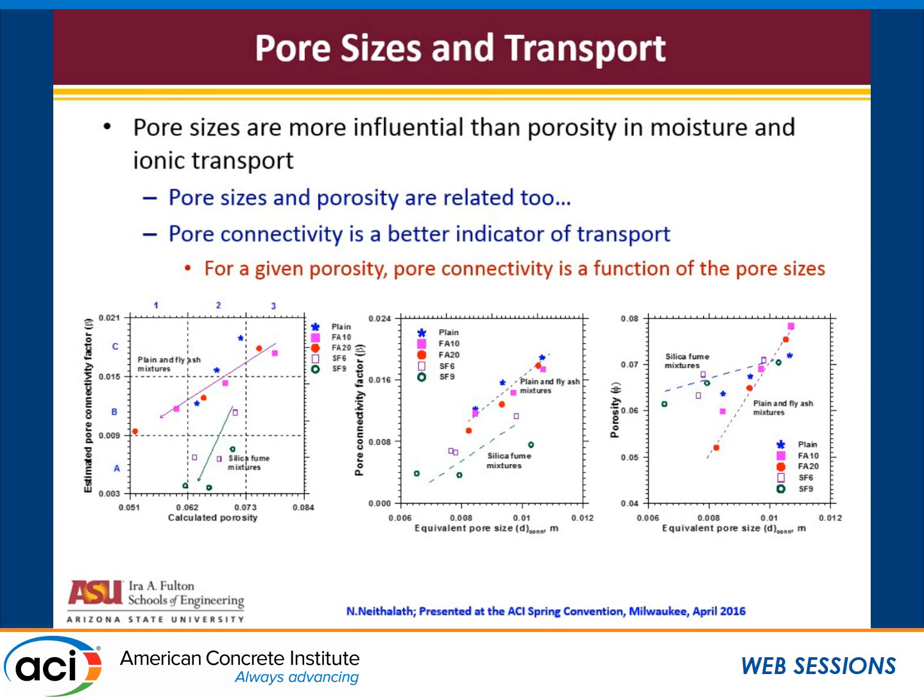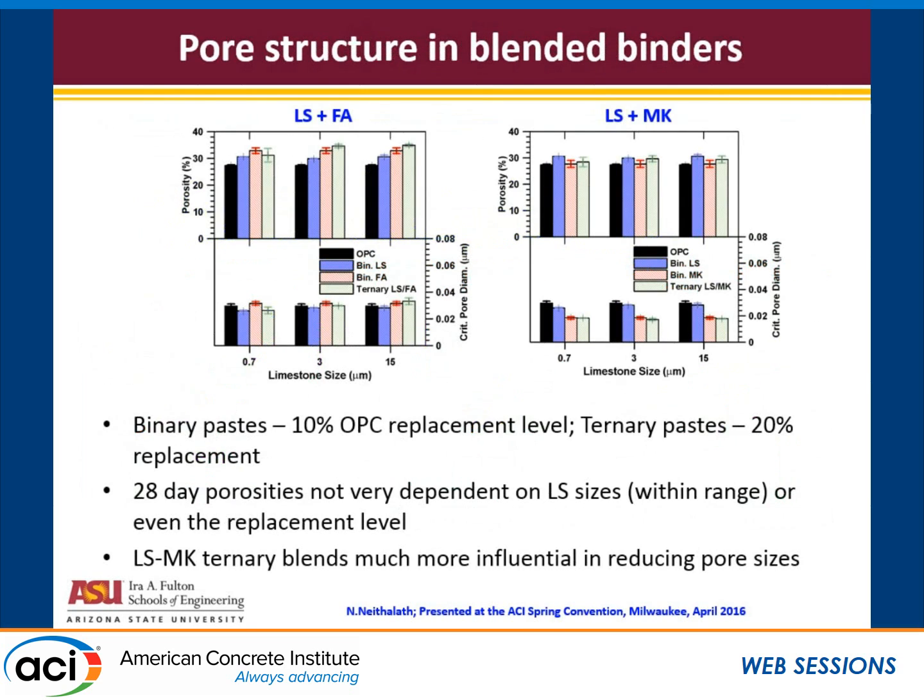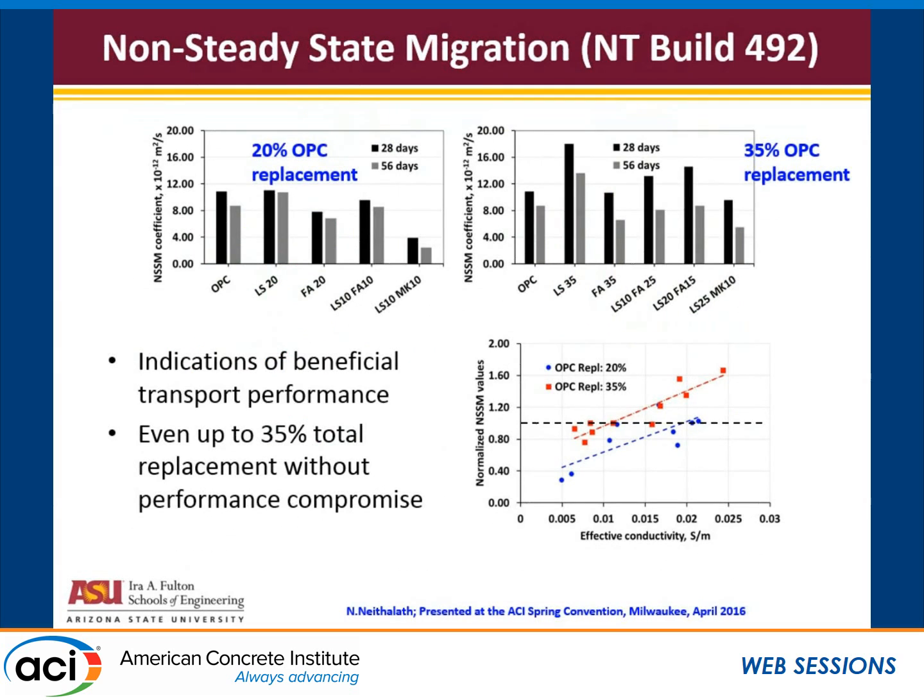Again, it's all within range, but here is what I always say, pore size refinement is more important than porosity refinement, but if you can get porosity refinement with concomitant pore size refinement, that's fine because porosity refinement is easy to measure. You can quickly measure how reduced your porosity is. That's quick illustration for the fact that metakaolin mixtures with limestone have lower transport properties that you saw in the previous slides to explain these kinds of behavior.